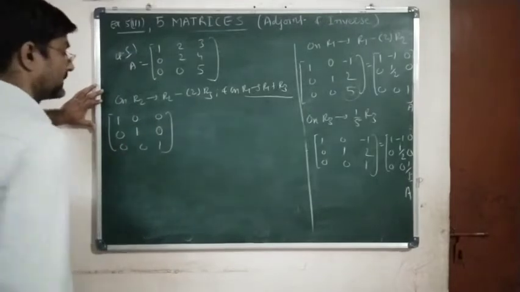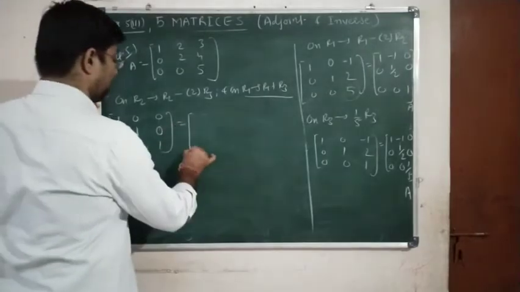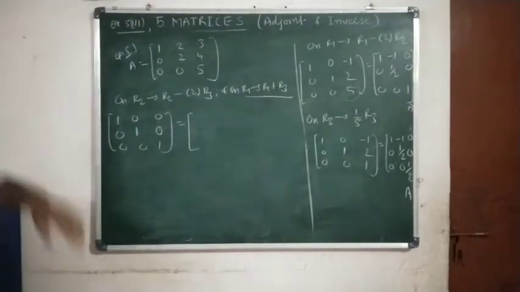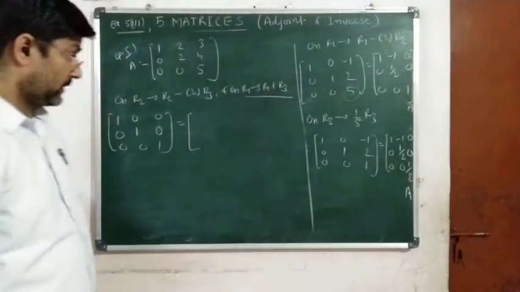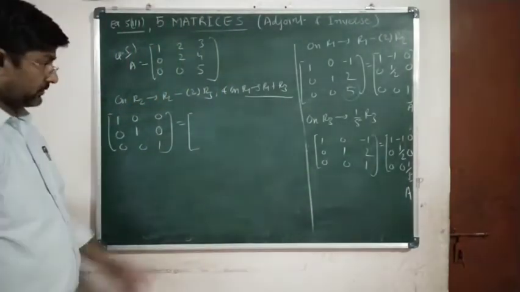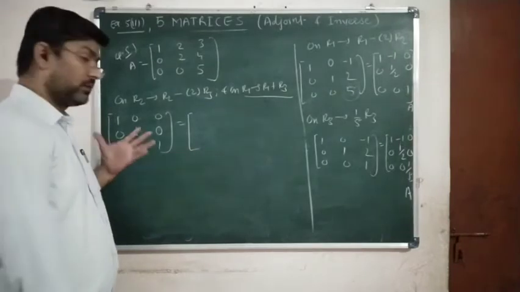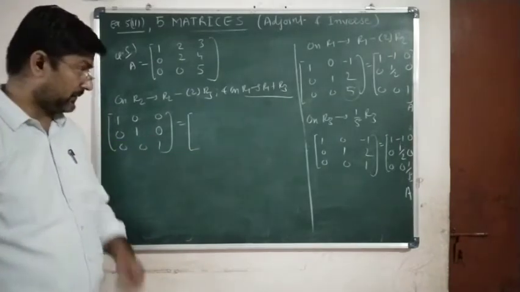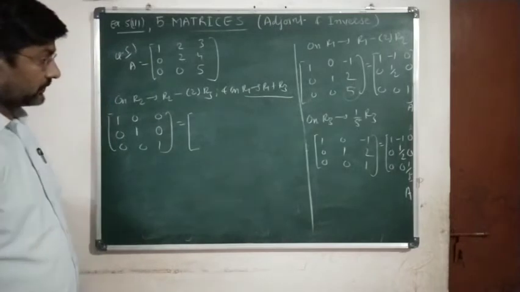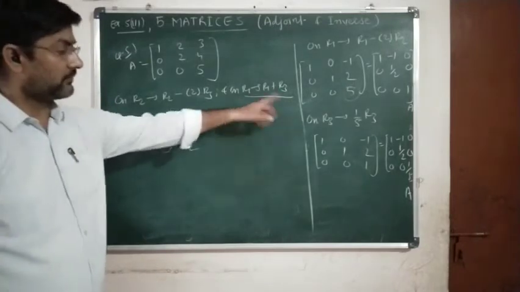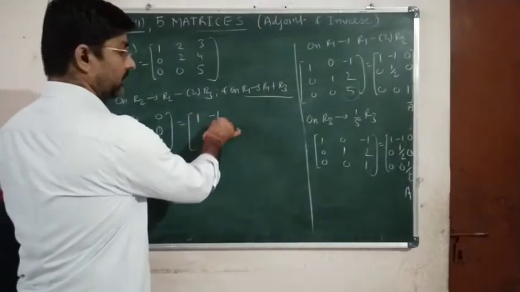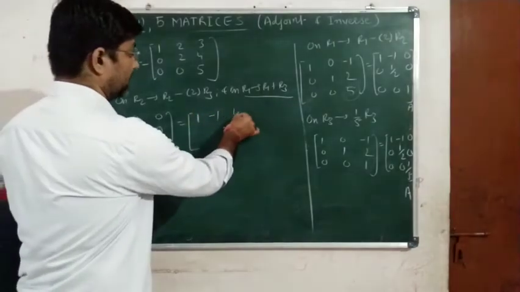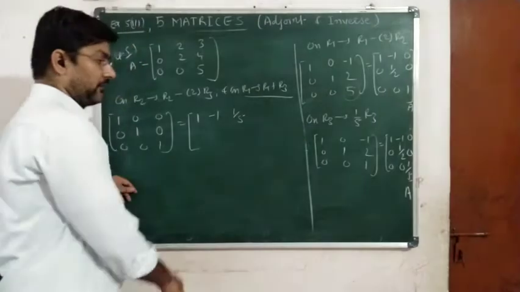Okay, so on the left hand side we have to write only the identity matrix, but the main thing we have to change is over here. This is the answer, because you are going to get the answer on this side, so there must not be any mistake. Here we know that finally the identity matrix will come. Now on R1 plus R3, so 1 plus 0 is 1, minus 1, and 0 plus 1 by 5, 1 by 5.